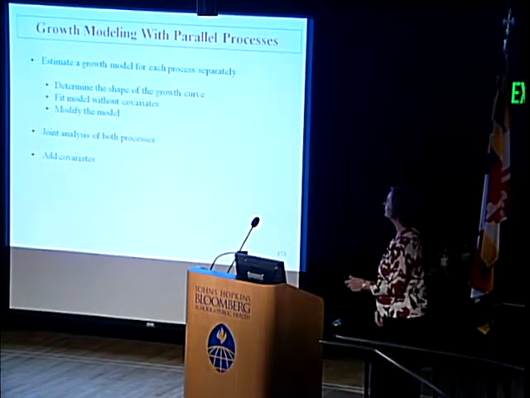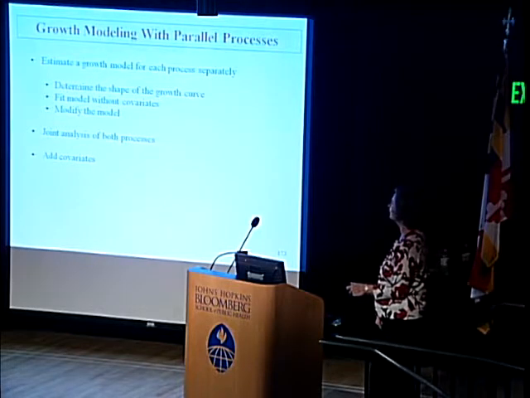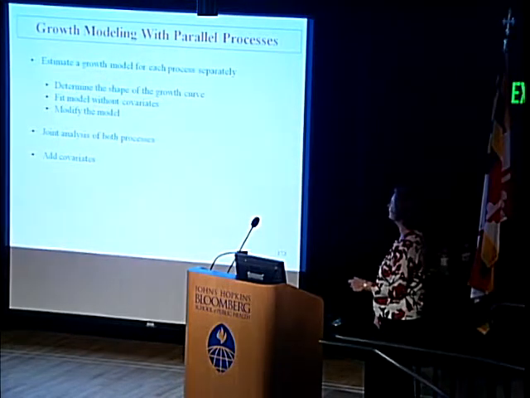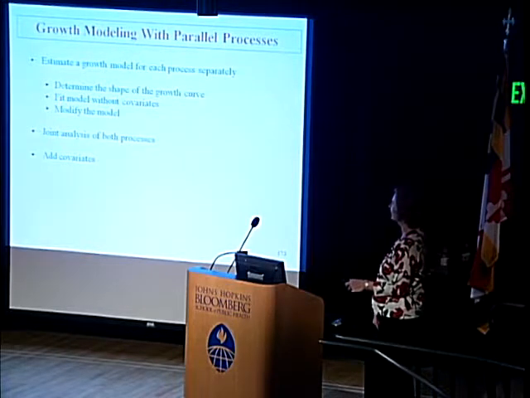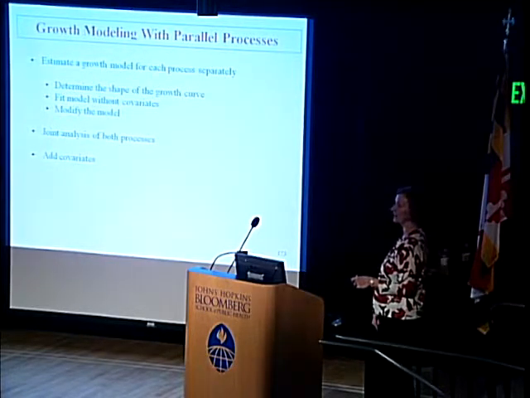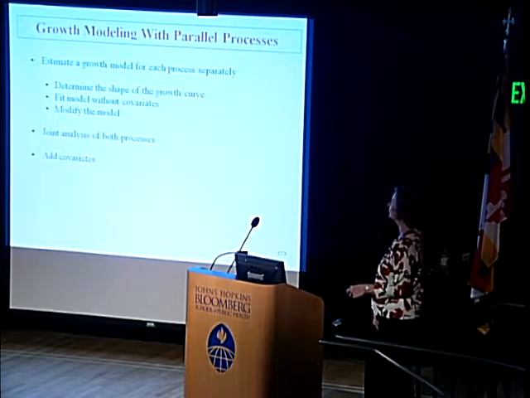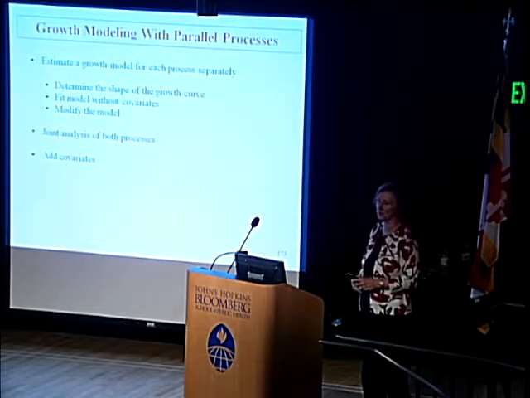Now, the first thing you would do, as we said earlier, is determine the shape of the growth curve from theory, the data, whatever, and find a well-fitting model without covariates, and then modify the model if necessary. Once you're satisfied, then you would put both of the processes together, and only when you have that working would you bring covariates into the model.